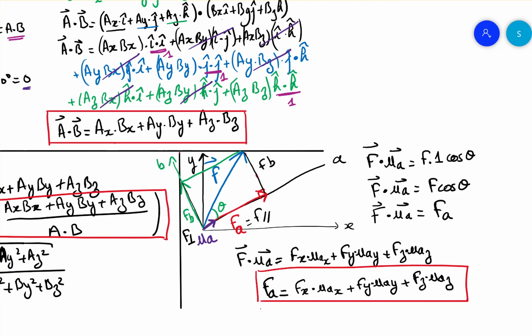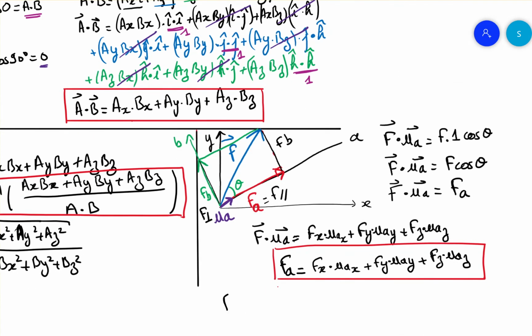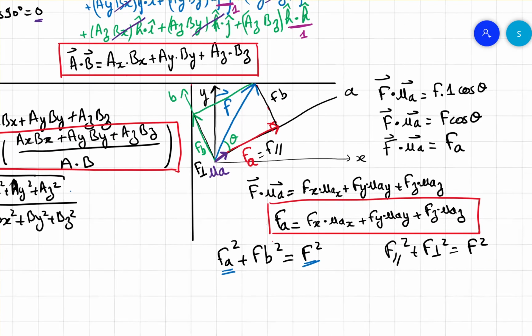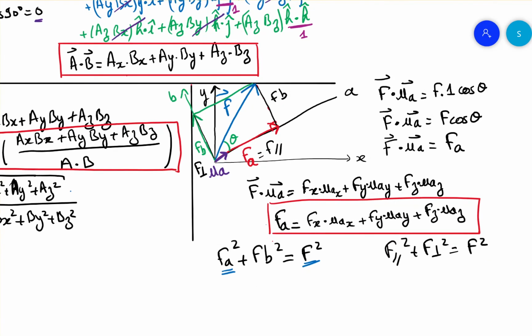We can use the theorem of Pythagoras. So we can say that FA square plus FB square is equal to F square, or F parallel square plus F perpendicular square is equal to F square. So if what is given is FA, that we just found with the dot product, and F that we are able to find with the formula with the square root of each component square, and FB is the unknown. I try to use red for unknown and blue for given.